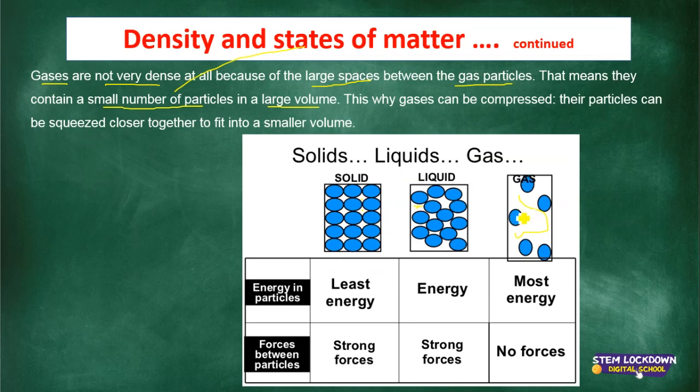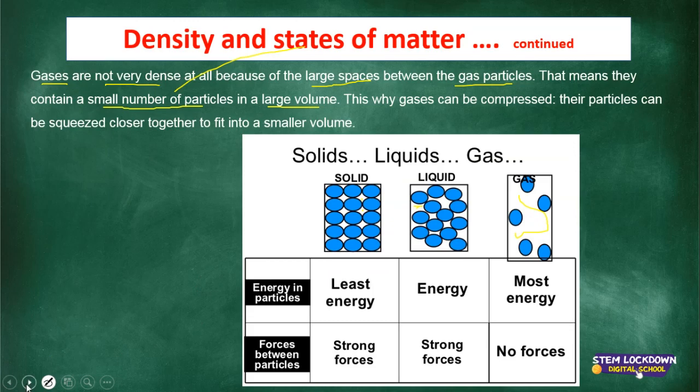Now, gases have the most energy because there are lots of spaces between the particles, and this means they are free to move, so they can move around very, very fast. There's basically no attractive force between the particles because they are very far apart.